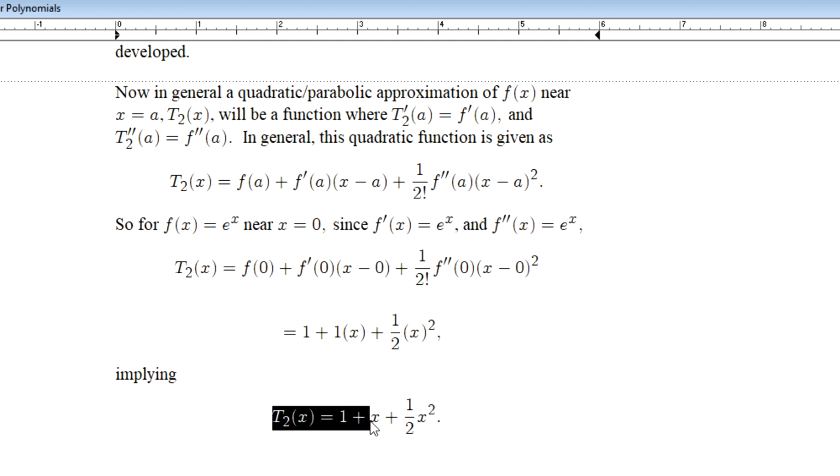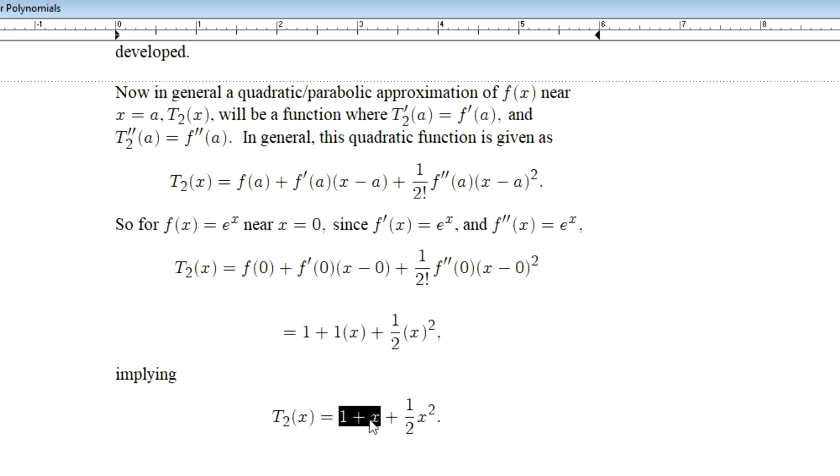In simplest form it is given by this quantity here, 1 plus x plus 1/2 x squared. And what you notice we have here, folks, is a quadratic description of this approximation. This is what we think of as a polynomial description.